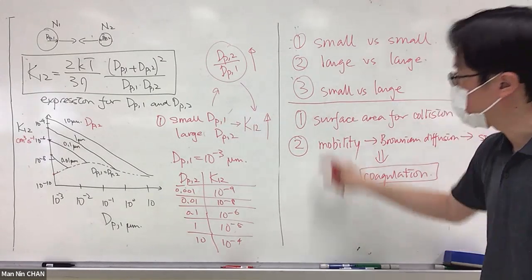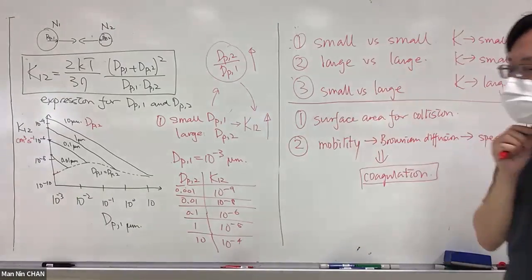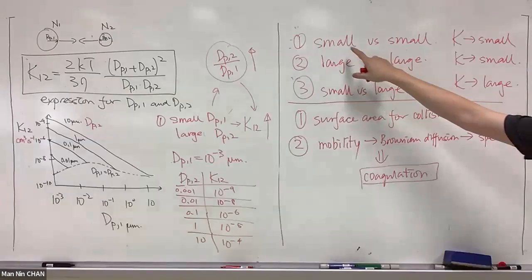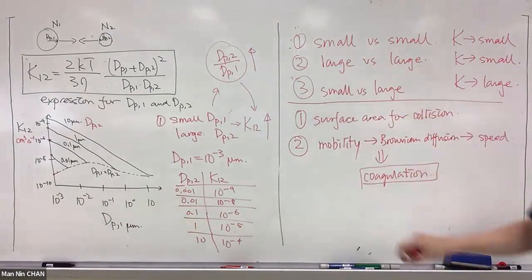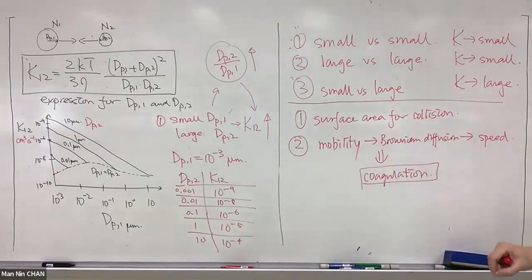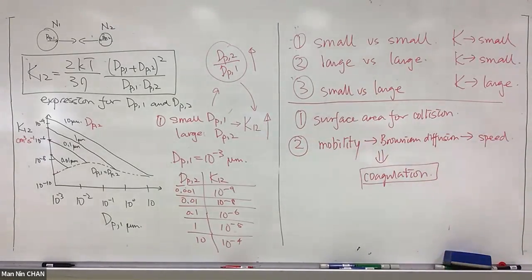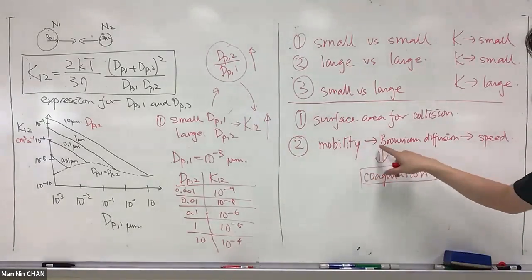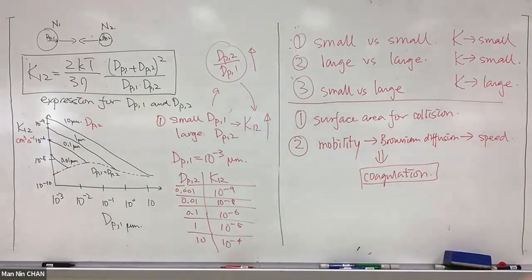Now we can come back to these two points. Why do we have this kind of observation? First, when you have two very small particles, why is the coagulation small? Of course, two small particles have a higher mobility, a larger Brownian diffusivity, or higher thermal speed.